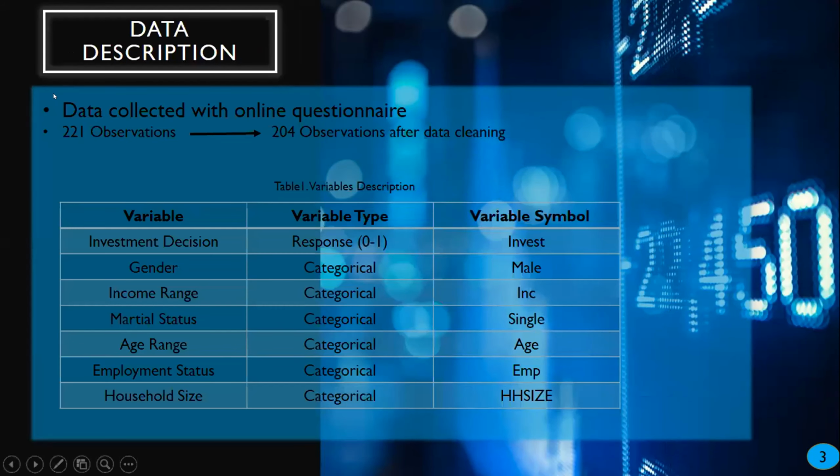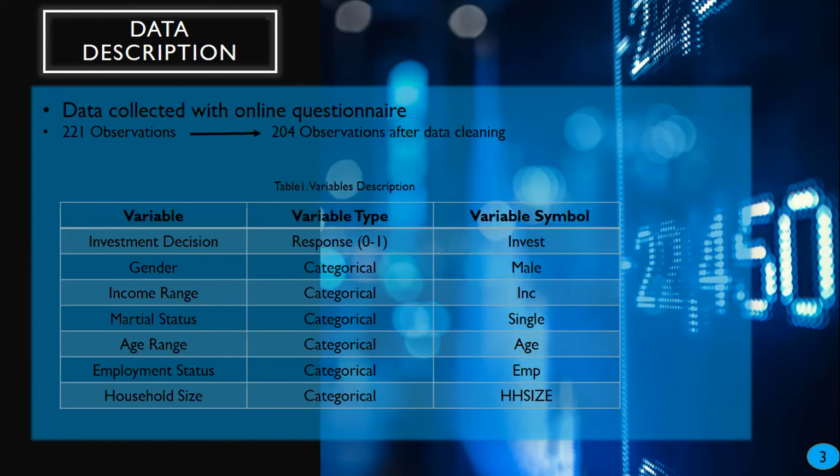I collected my data with an online questionnaire. I had 221 observations. After some data cleaning, I had 204 observations for my research project. In Table 1, we can see my variable descriptions. I had 6 main independent variables and 1 dependent variable, investment decision.